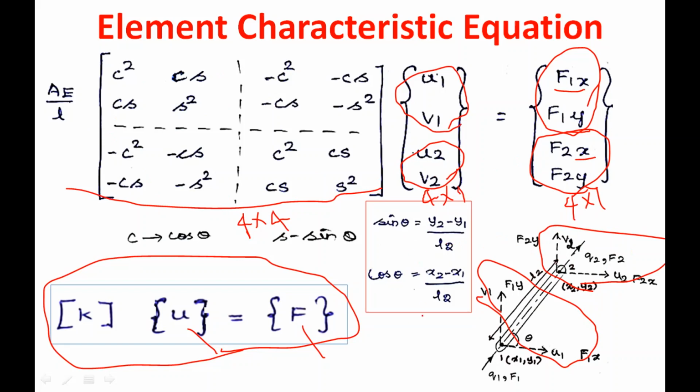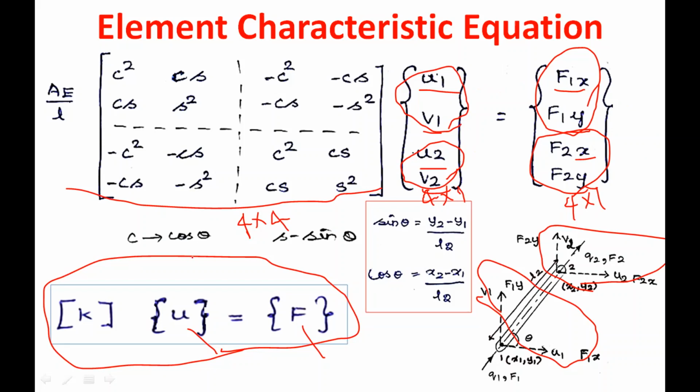So if you want to solve a truss problem, first we have to know this element characteristic equation. Then directly we can use it for all the truss elements. Then we can easily assemble this equation because all are in the global coordinate system only. So that is the difference between the bar problem and the truss problem.